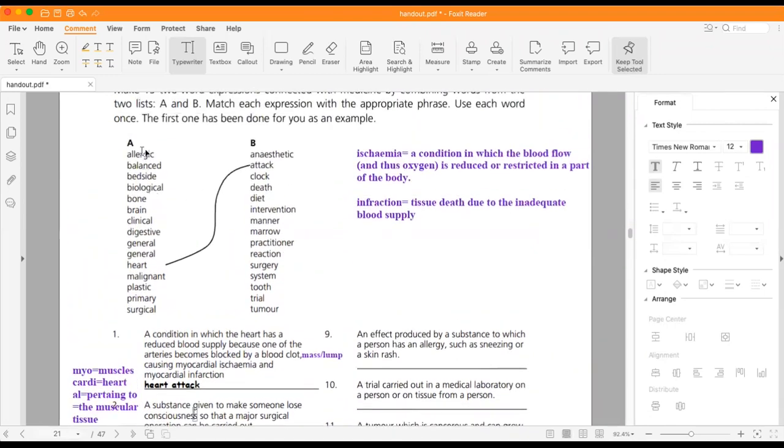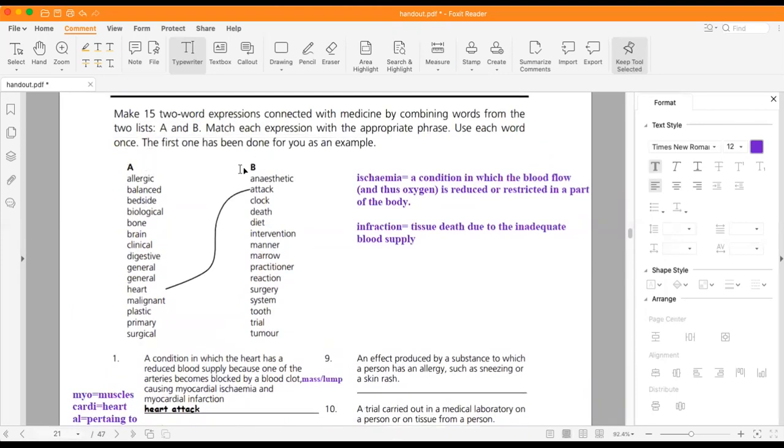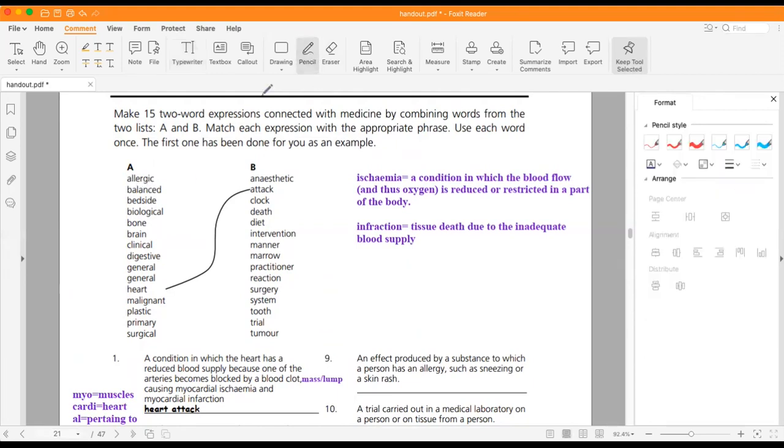Okay. So first we will match between number A and number B. The first one we said heart attack, all right? So let's begin from the first one. We say allergic reaction, all right? So here it is. Allergic reaction. And we say here balanced diet.